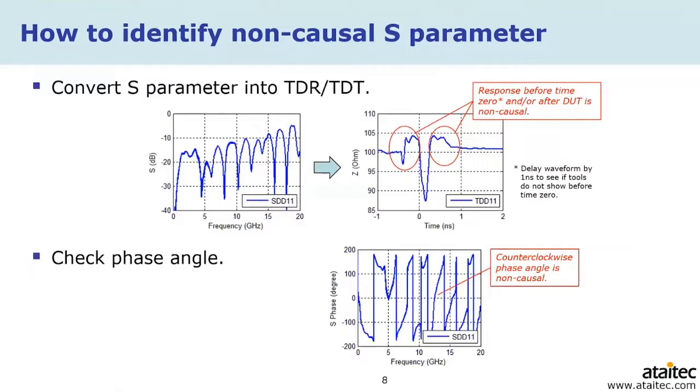The results you get from port extension basically just shift the TDR or TDT waveform, the entire waveform, to the left, and the phase angles are not really changed. They are offset by certain degrees, and so they are clockwise in phase angle, but actually they are non-causal.